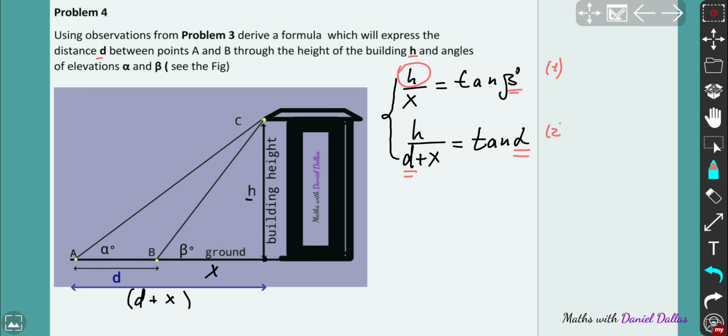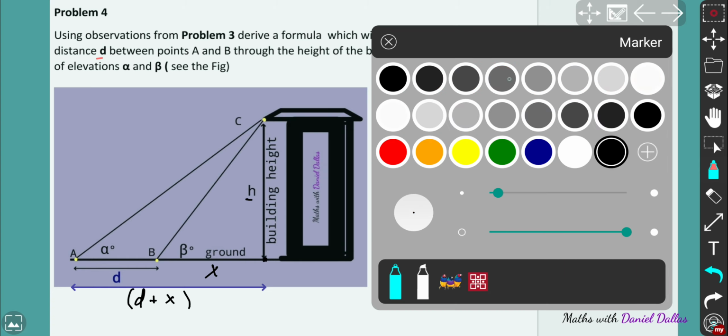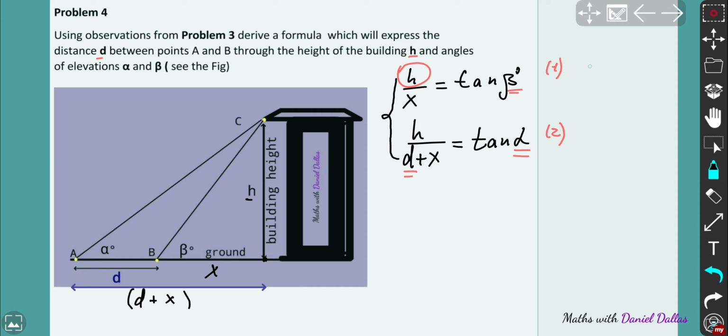Not to solve, but actually use the simultaneous principle in order to express the variables that we need. All right, so X is simply H over tangent beta. I just swapped them, okay?